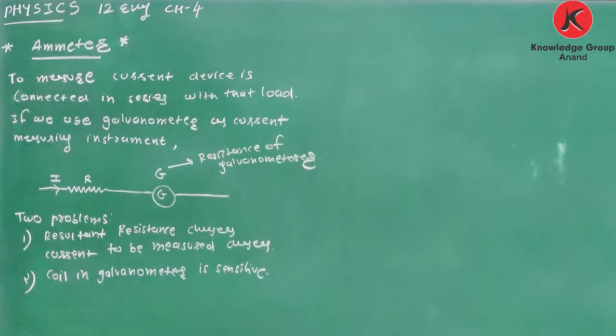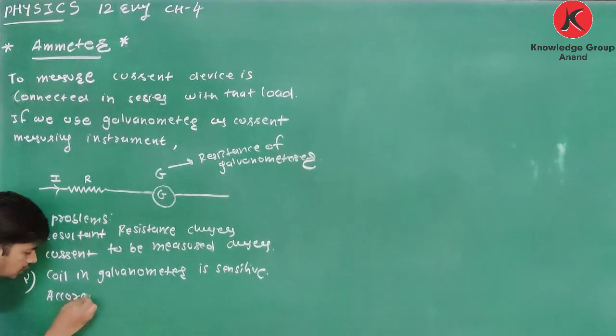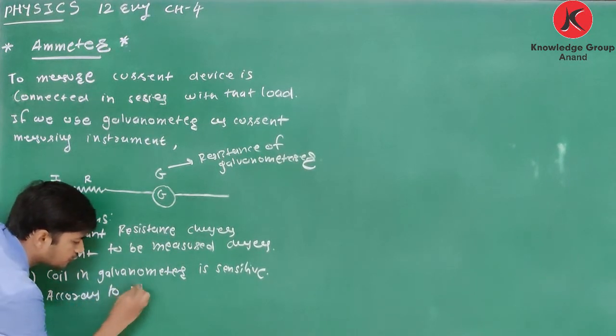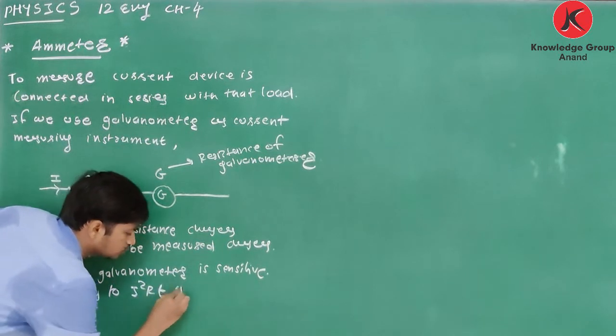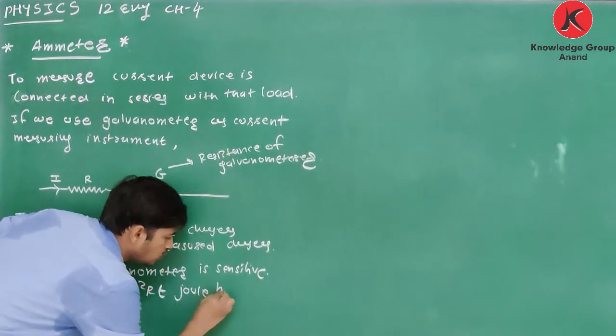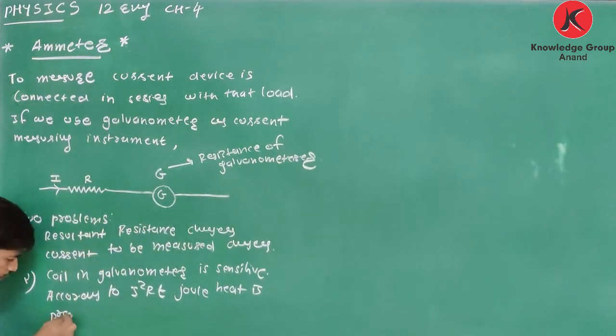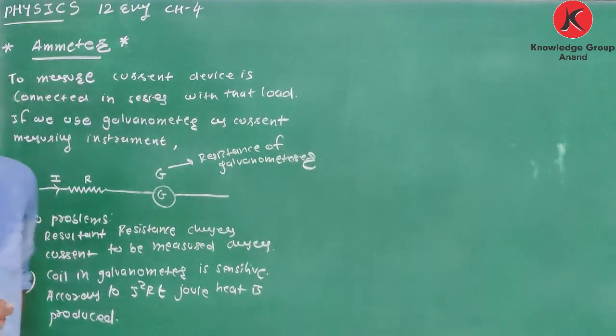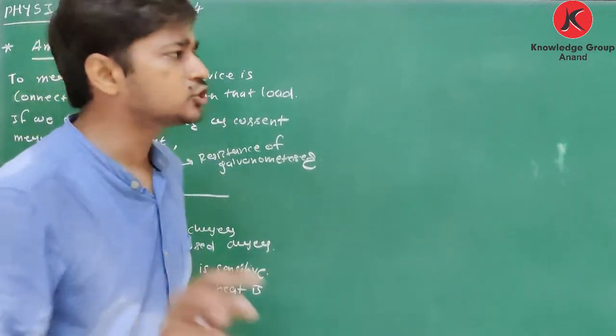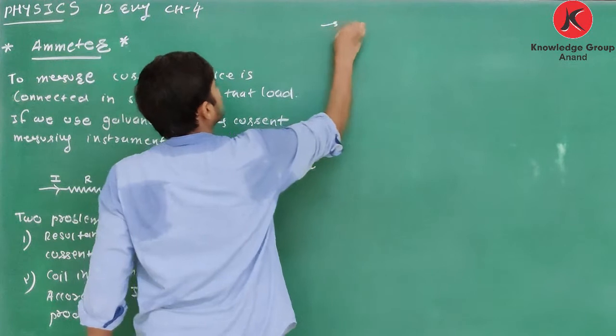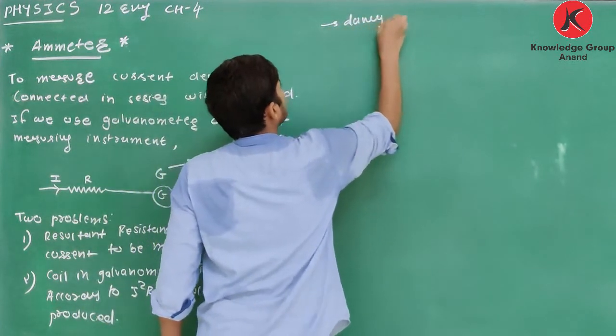So when current is flowing in the coil, according to I square R T, joule heat is produced. Then there are chances of damaging the coil.